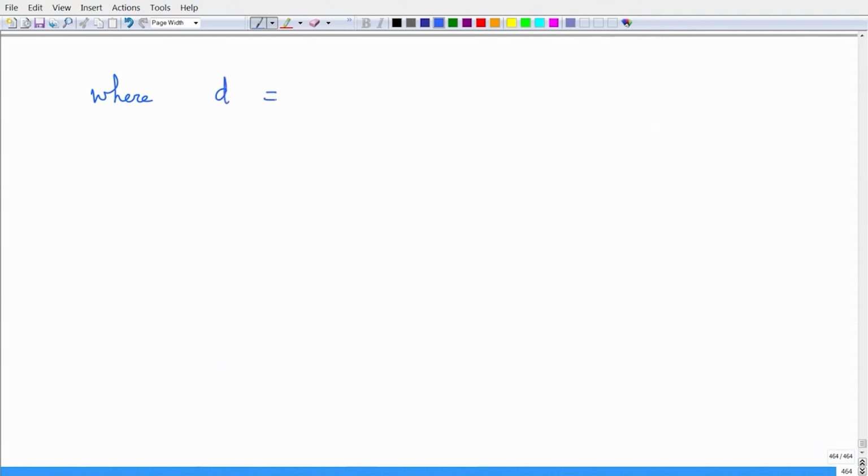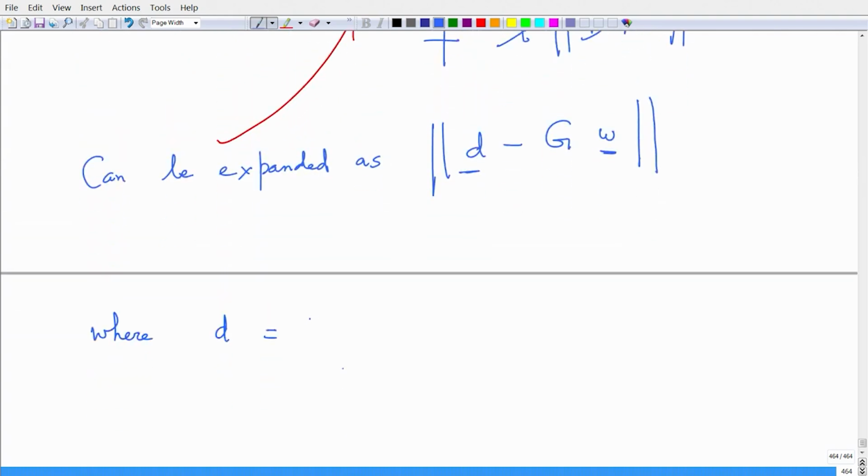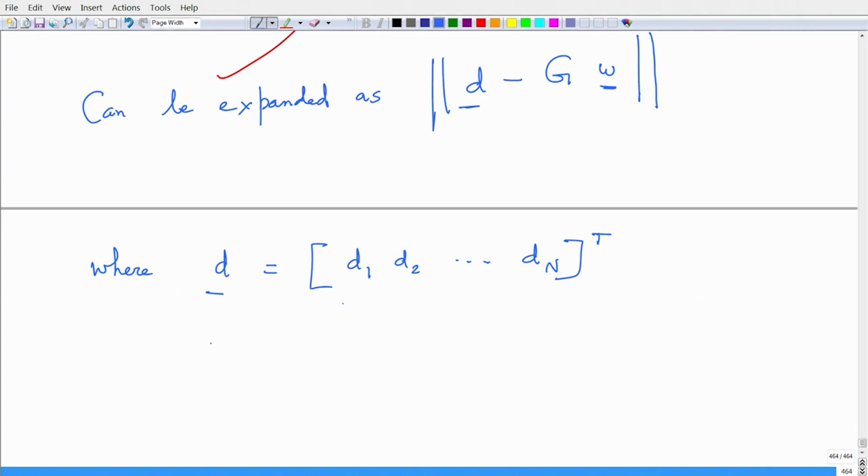Let us look into this equation here, where d equals d1, d2, and so on to d suffix N. This is a column vector, and w is my vector of all these weights.